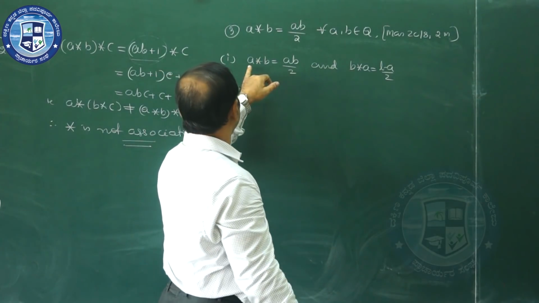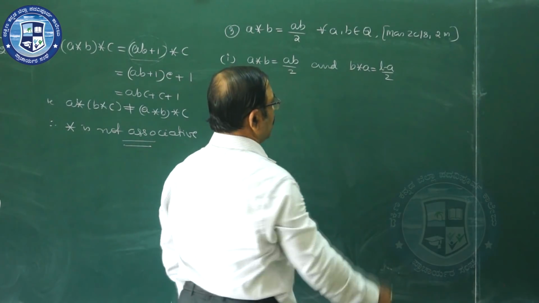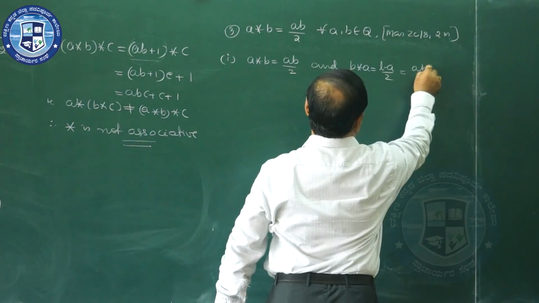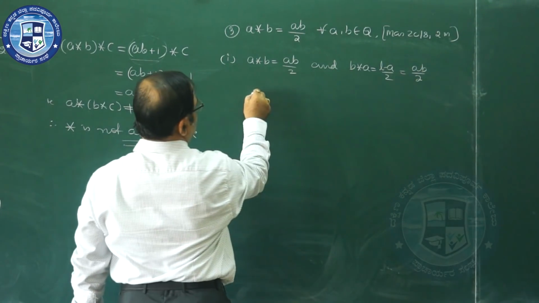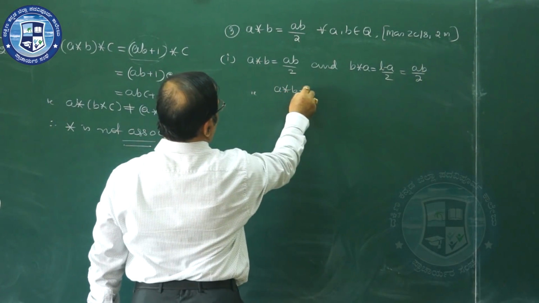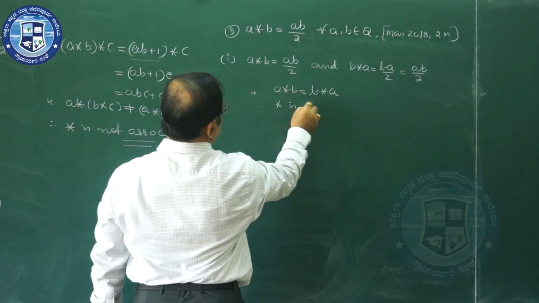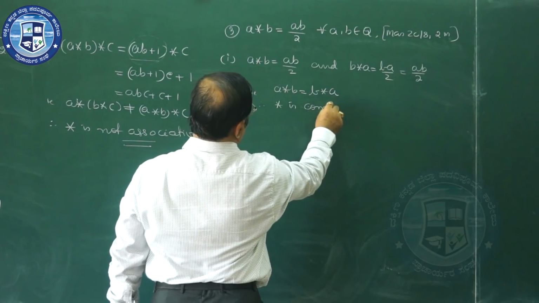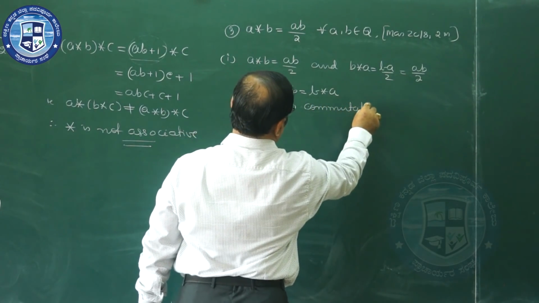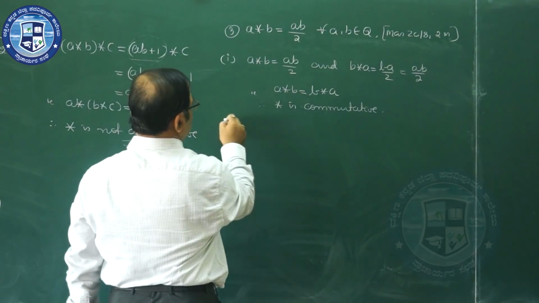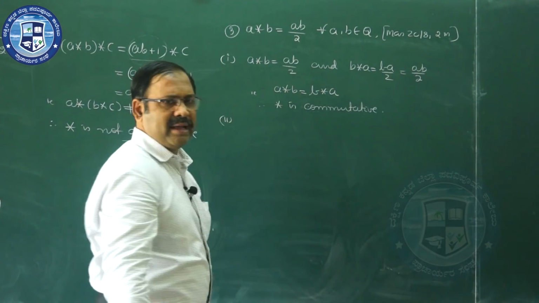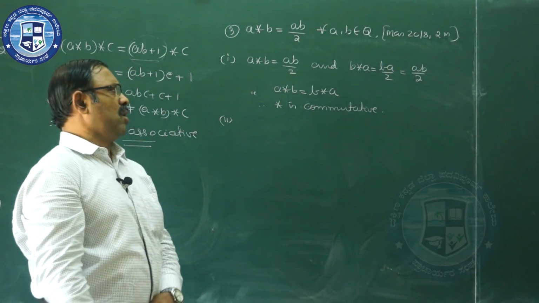B star A, B into A by 2. That is nothing but AB by 2. Observe, A star B equal to B star A. So star is commutative.